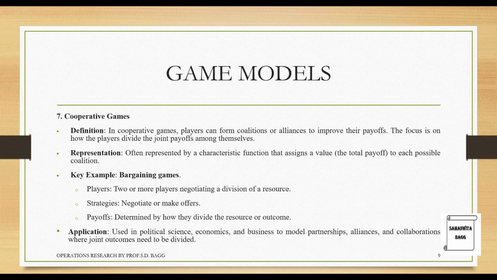For example, bargaining games. Players: two or more players negotiating a division of a resource. Strategies: negotiating or making offers. Payoffs: determined by how they divide the resource or outcome. So a bargaining game is something that everyone must have involved themselves in at some point of time in their life.